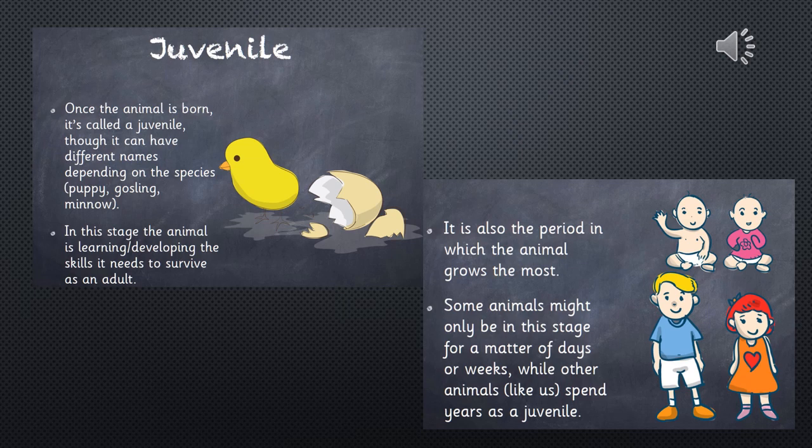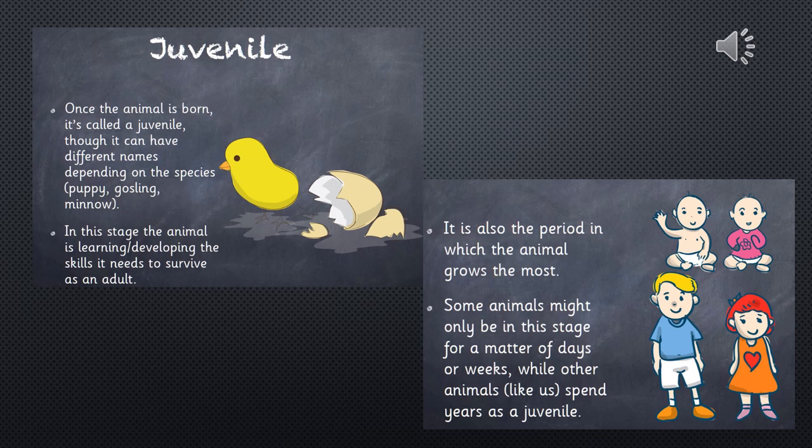Humans, on the other hand, take a very long time to be an adult. We go through that really cute baby stage where we need our adults to take care of us. Then we become toddlers and we still need our adults to take care of us, but not quite so quickly. Then we get to our school age and we can go to school and be away from our parents, but we need to go back for a bit of care.